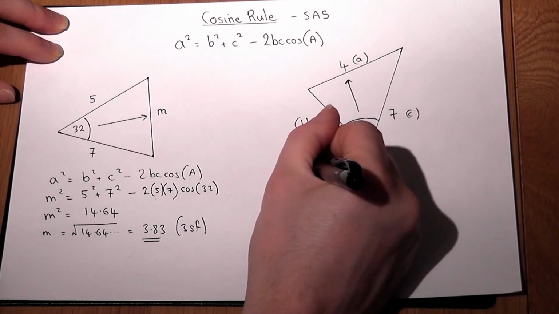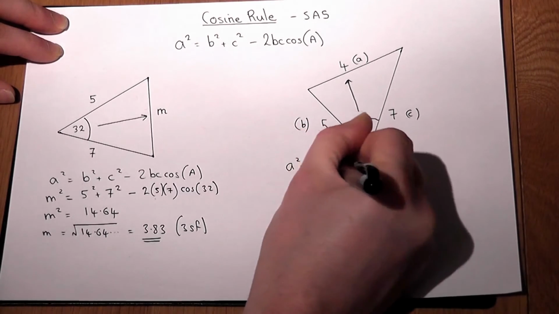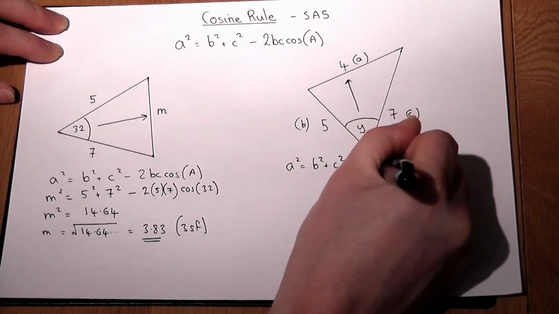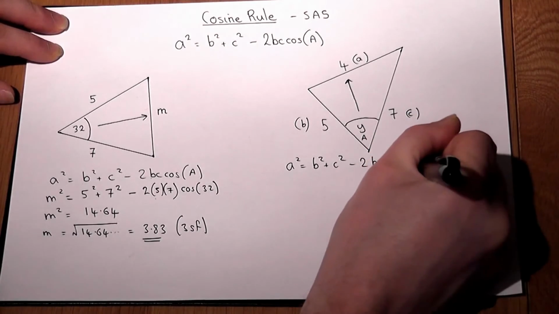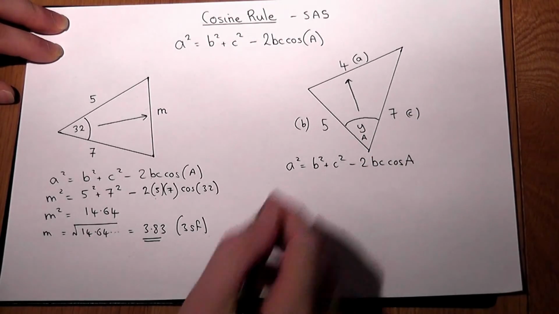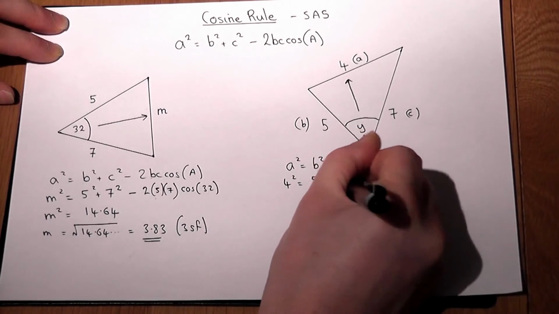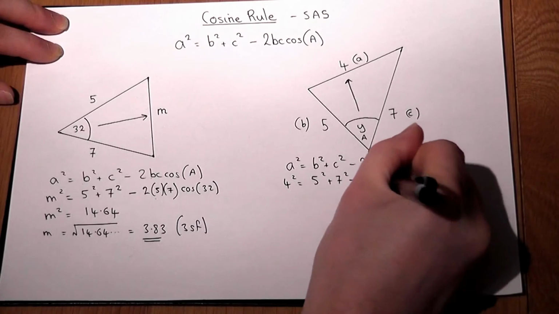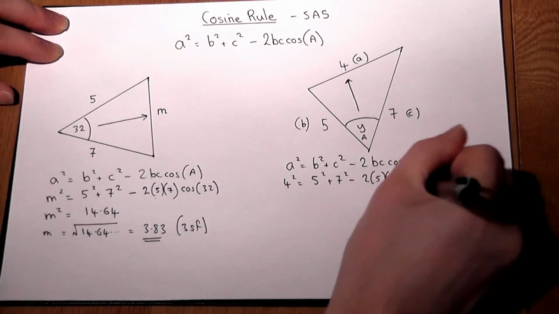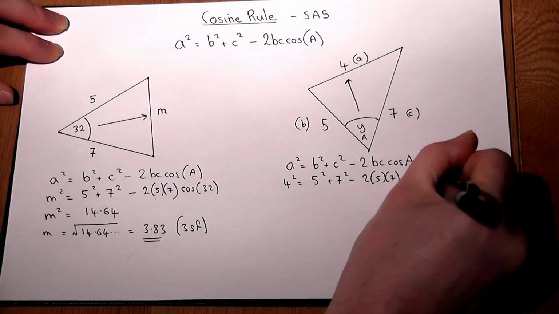So for the formula a squared equals b squared plus c squared minus 2bc cos of the angle, we have 4 squared equals 5 squared plus 7 squared minus 2 times 5 times 7 times cos of, in this case, y.